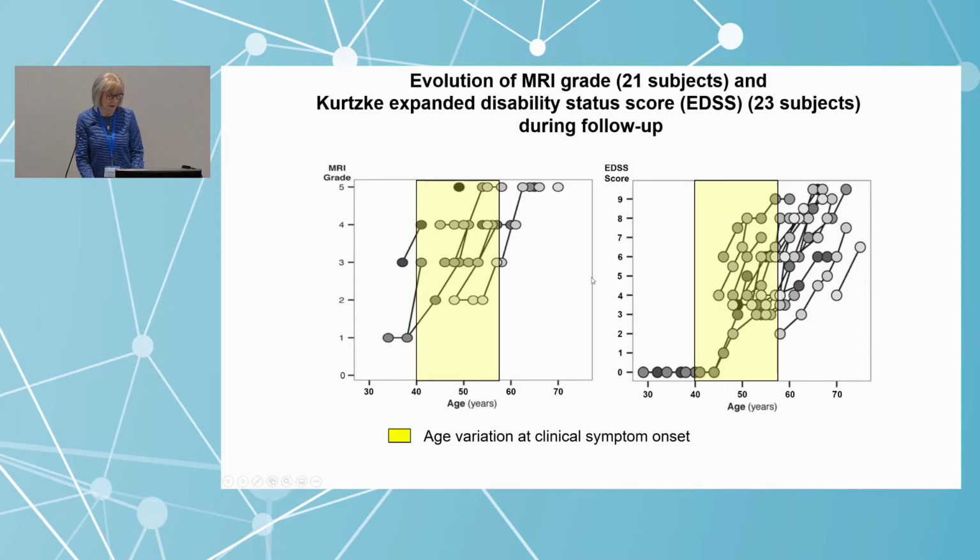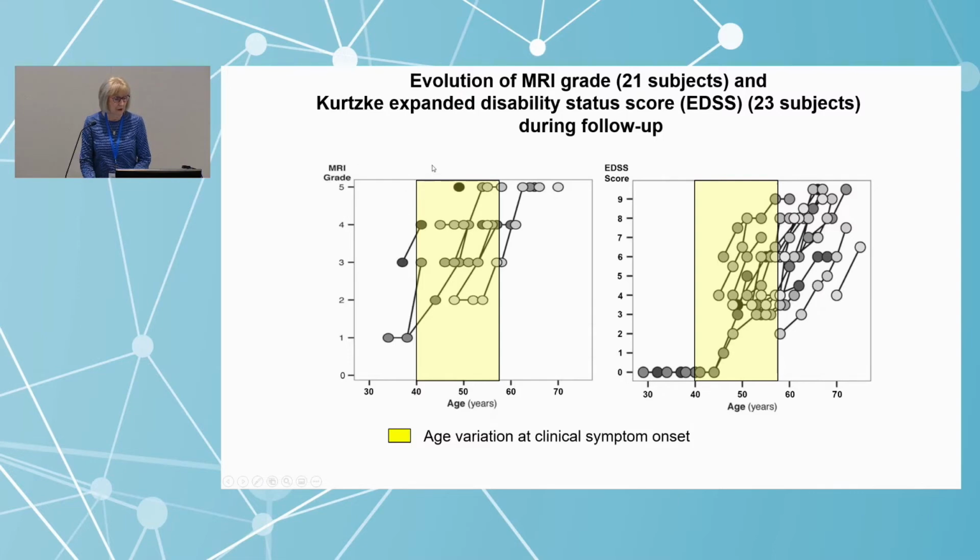In the left graph, you can see how the symptoms develop. This yellow area is the period during which the patients got clinical onset.